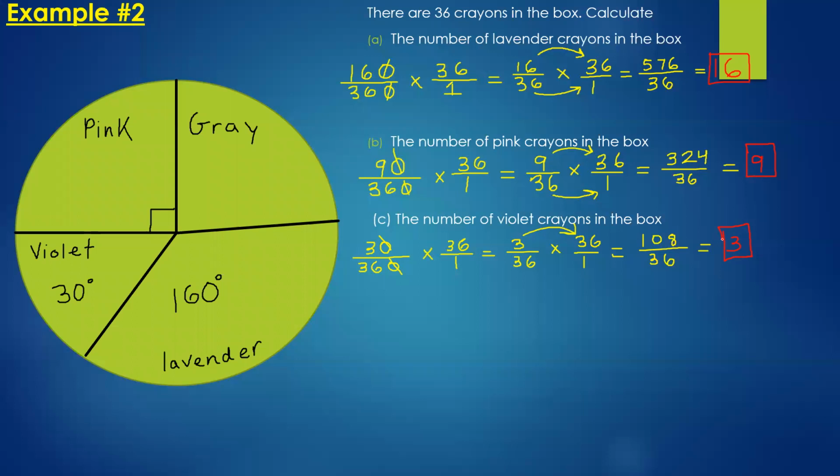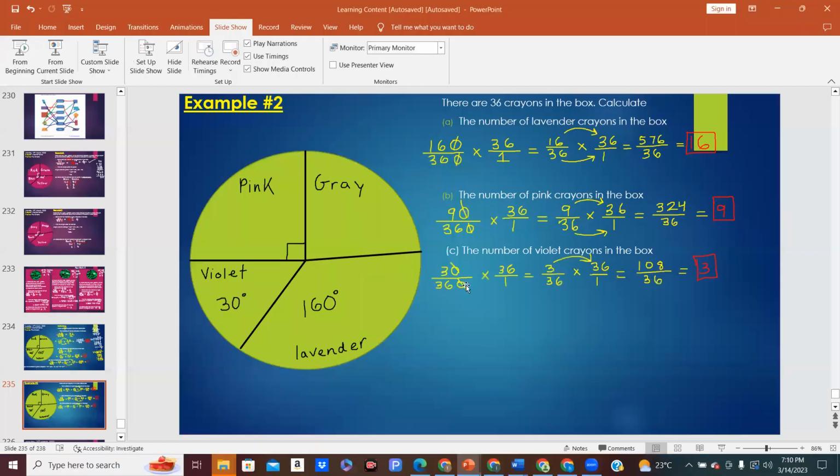And for D, we want the number of gray crayons in the box. So how are we going to figure that out? We add the rest, A, B, and C, and then take them away from 36. Very good.